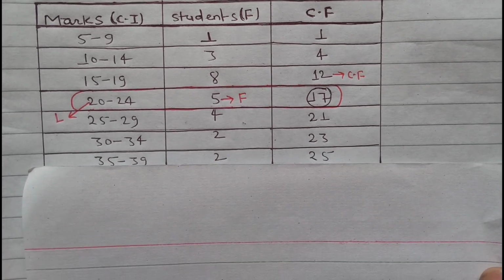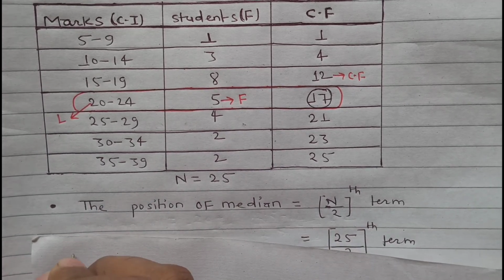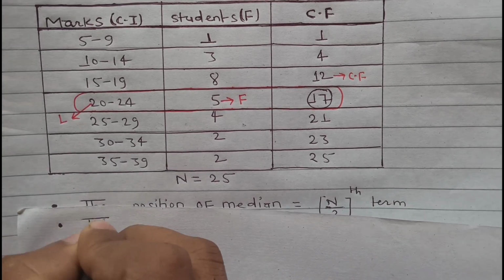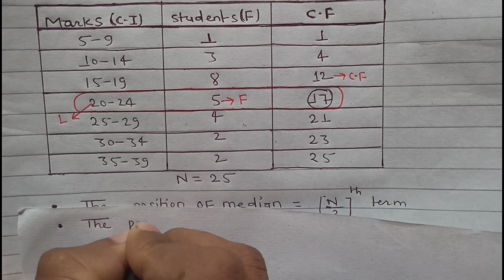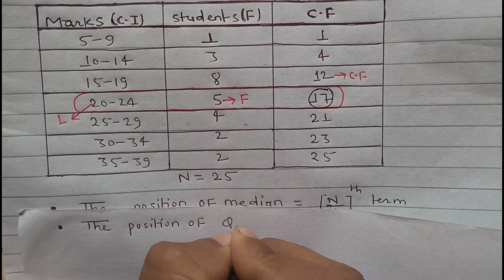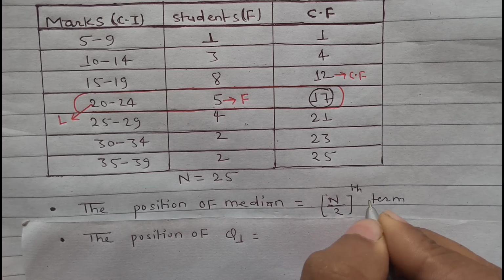So the process is the same as the median. We have to first find the position of Q1. Clear? The formula for the median is the n by 2 term.